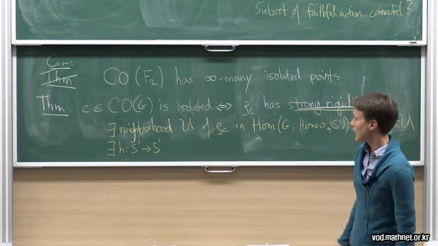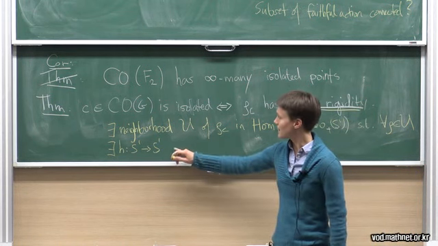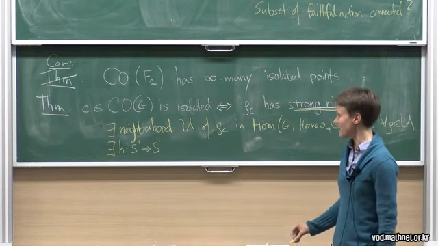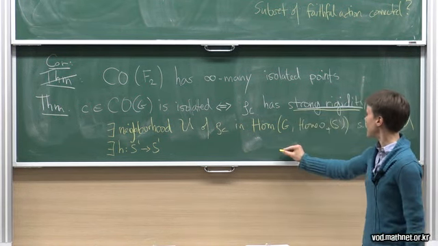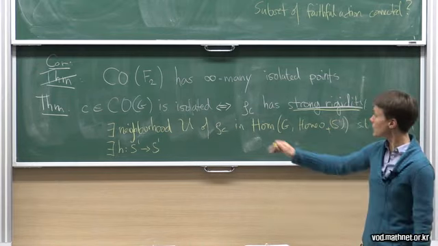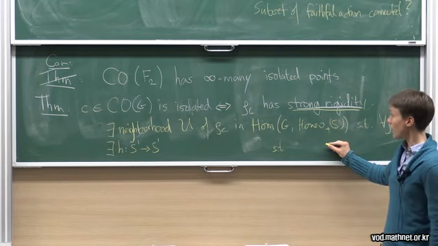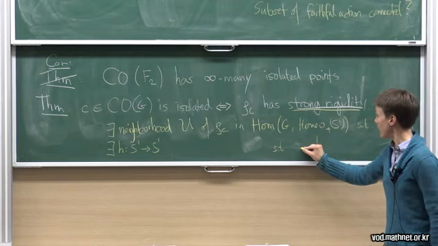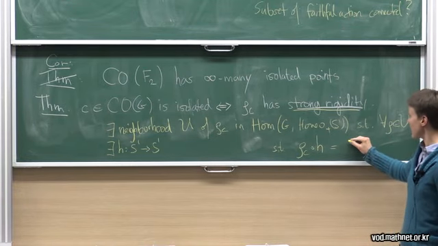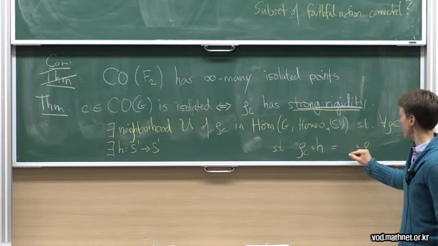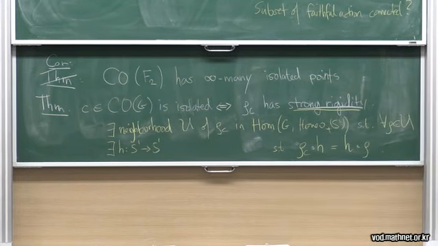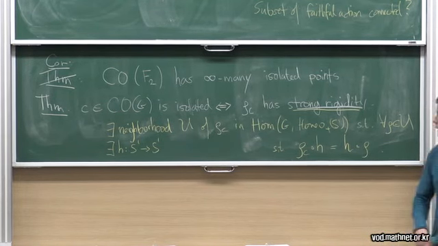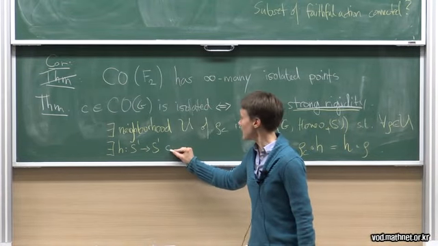I'll leave a space for the conditions this satisfies. The map is going to be continuous and nice in various ways, but such that it intertwines the two actions. So if I do H followed by ρ_C, this is the same thing as ρ followed by H. I had to think because actually the condition is not symmetric. It's a little tricky. And my H is required to be continuous.